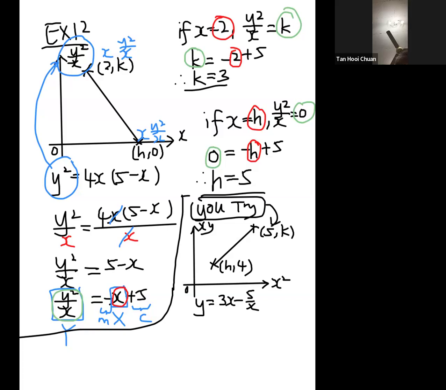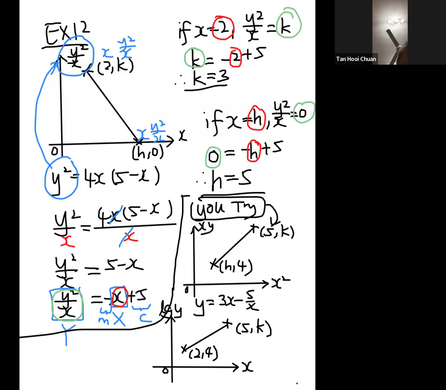The second one, log lgy, lgy, this x only. Yes, 5k. Yes, 24.